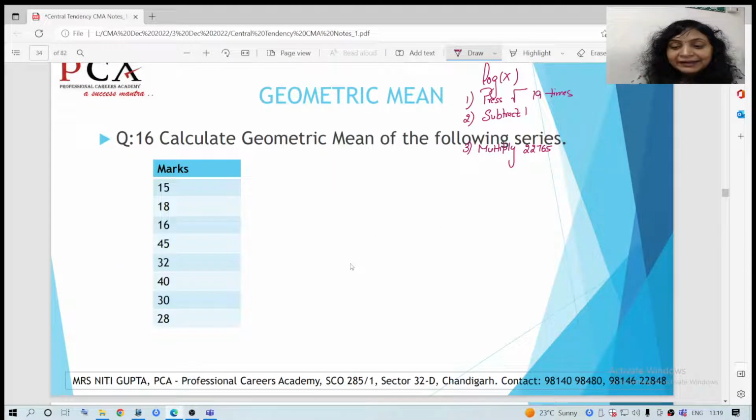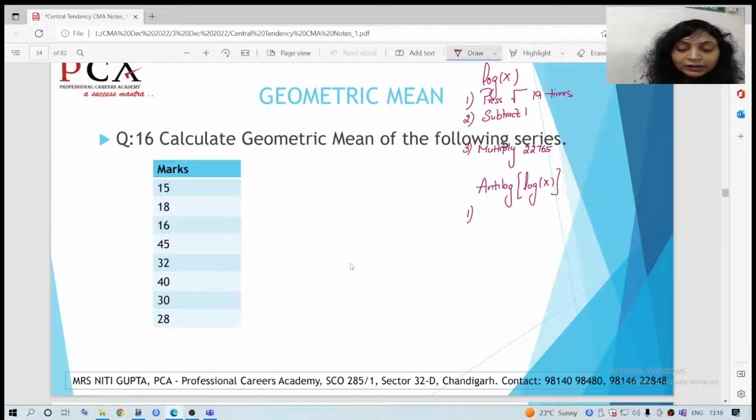And then antilog is basically inverse of log. So whenever you compute antilog, you compute the antilog of log of item. If you want to calculate antilog, you have to execute all the 3 steps but in reverse order.